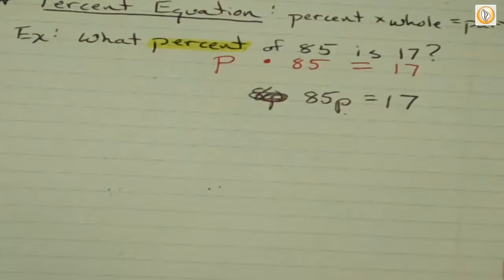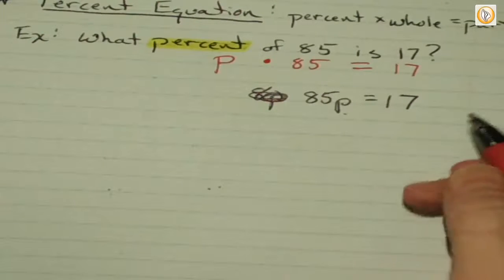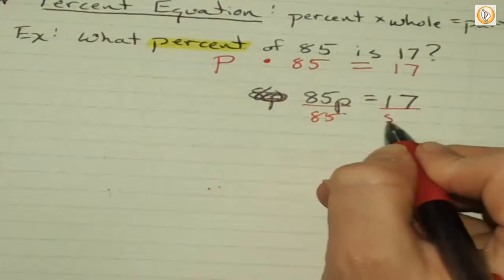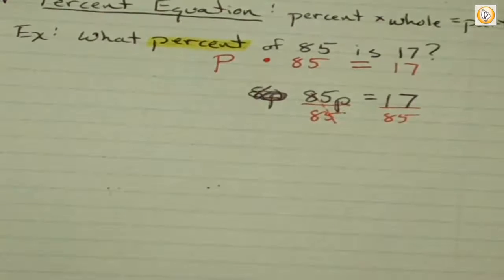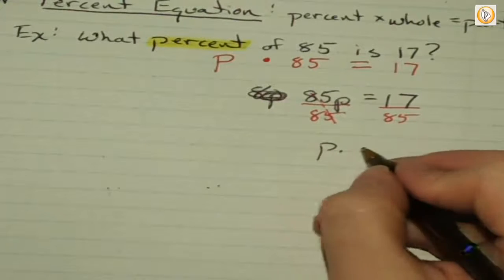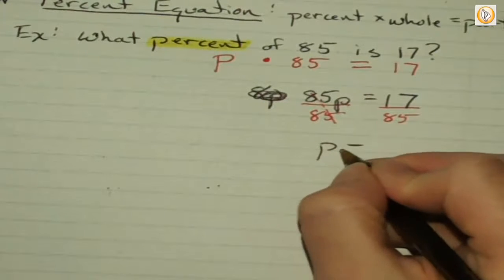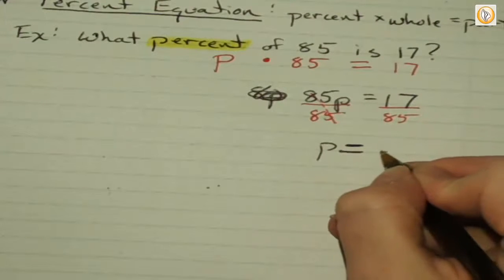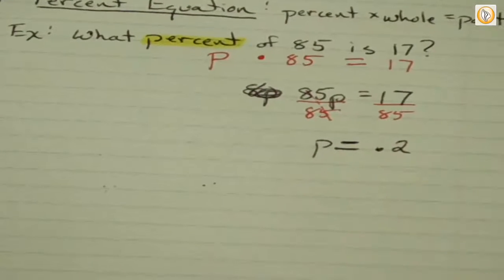Now what do I do, Cecilia? Divide 85 on both sides. And I get P equals, not P whatever, P equals 0.2.